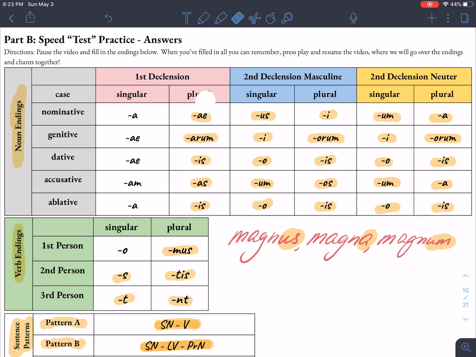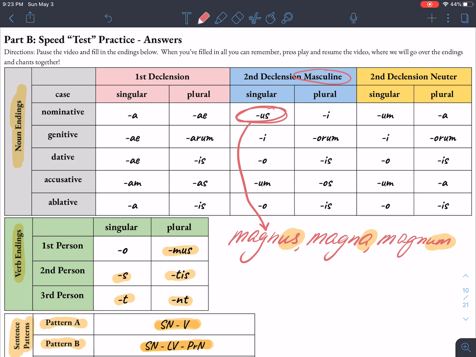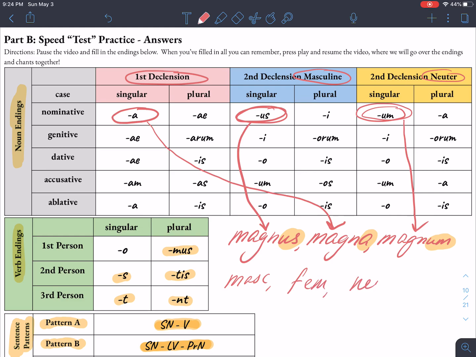Now, where do you see a US ending in the nominative? Right here, and that's masculine. So this ending goes with this guy. Magna, where do you see that ending? It's right here, and that's feminine. So this ending goes right there. And magnum, there it is, and that's neuter. So this ending goes right here. So the order they list them in, adjectives, always, it's going to be masculine first, feminine second, and then neuter third. That's the order of the genders.